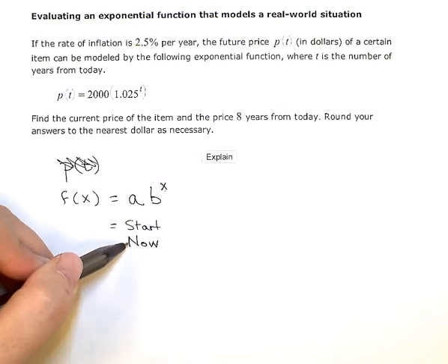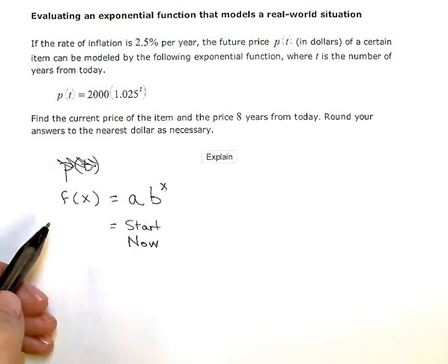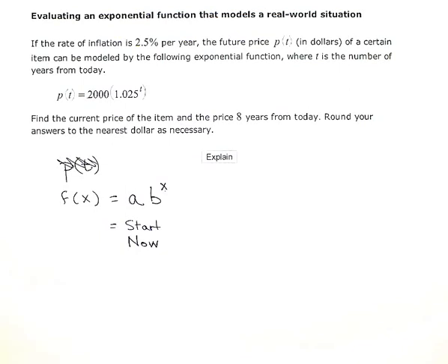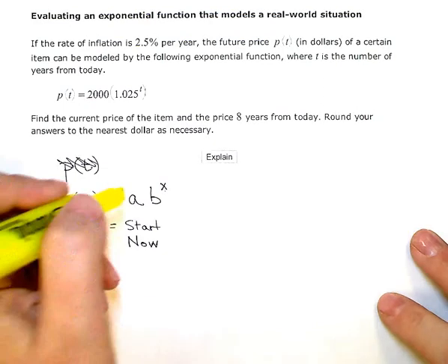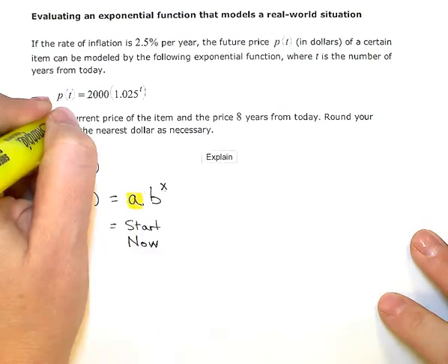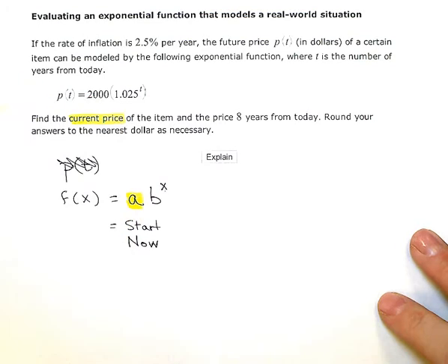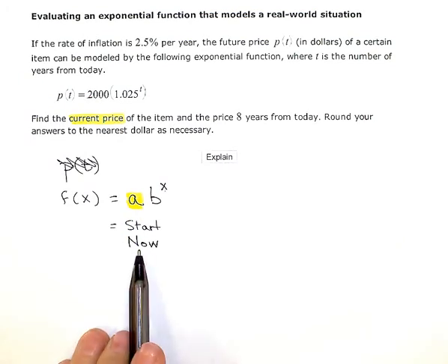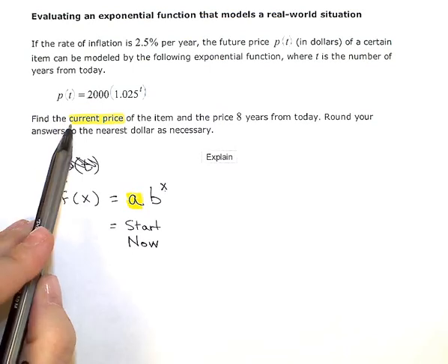In a lot of situations or problems, it'll be called the initial amount. This particular problem is referring to this a value as the current price, okay? The start, or how much do we have now, right? In this problem, that's the current price.